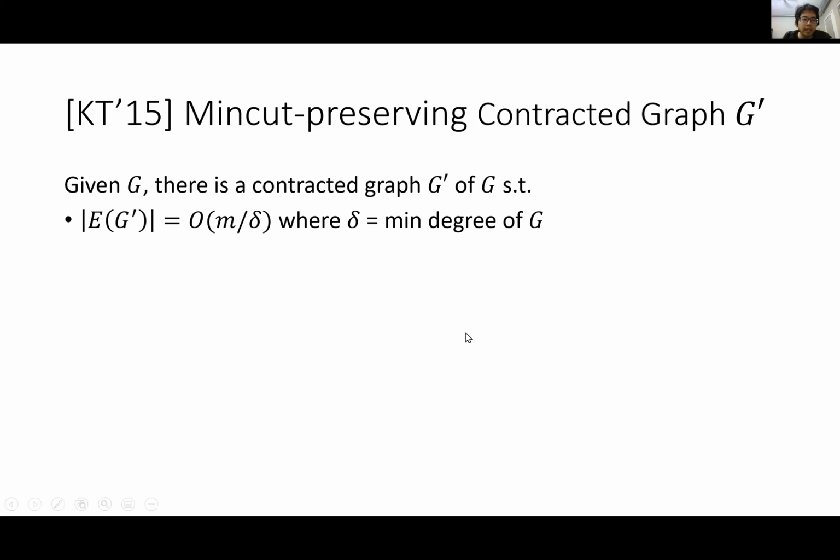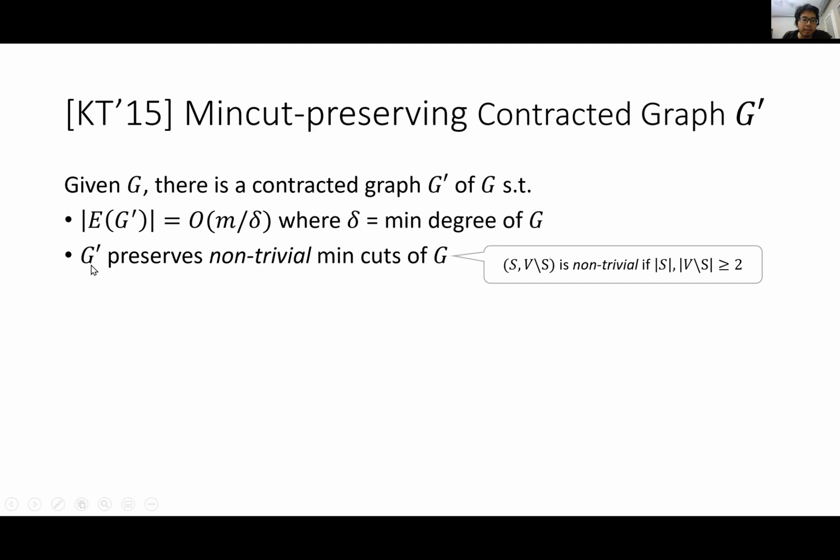And next is that G prime, although it's smaller, preserves non-trivial min cuts of G. And by non-trivial cut, I mean that it's a cut such that both of the sides contain at least two vertices.